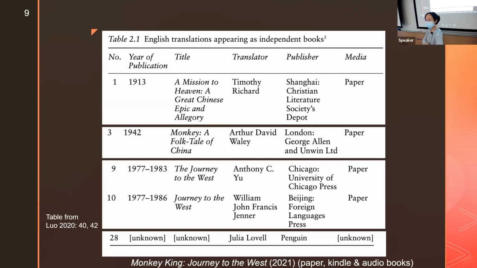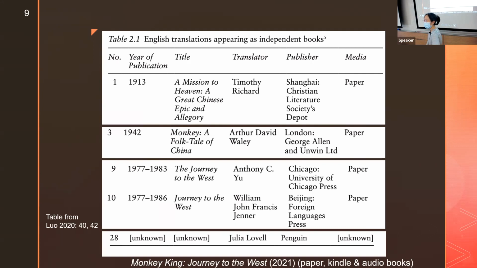I think when Timothy Richard translated this, he had a religious purpose. And Waley had a completely different purpose.